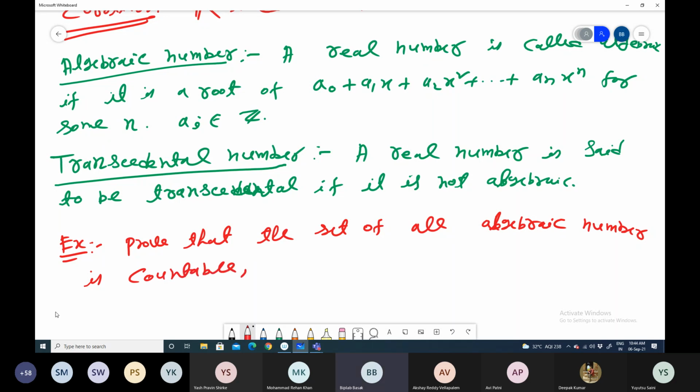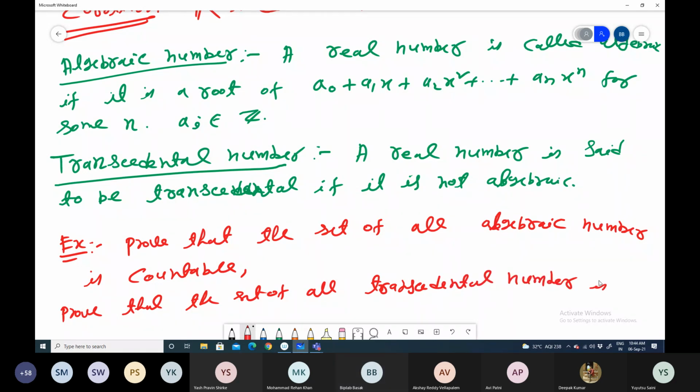In other words, in a similar way, you can say: prove that the set of all transcendental numbers is uncountable.